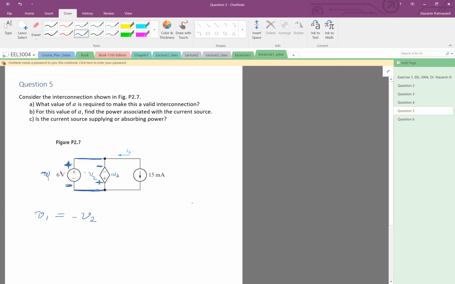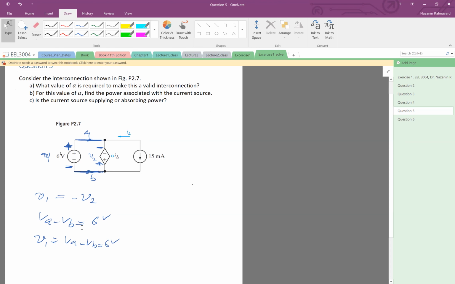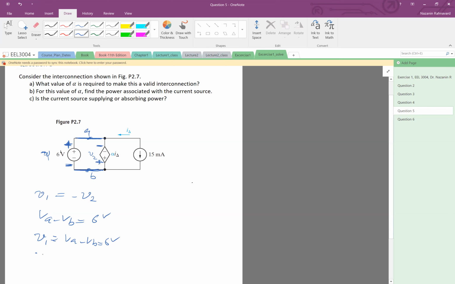Of course, both of them are 6 volts. From this point, if it is A and this is B, V of A minus V of B is 6 volts. V1 happens to be VA minus VB, 6 volts. However, because of the reference for V2, I defined V2 to be VB minus VA, which is negative 6 volts.